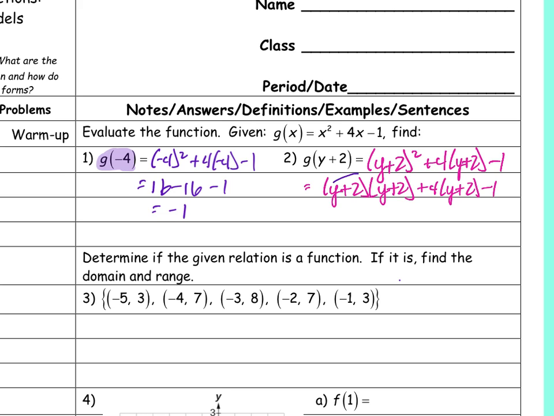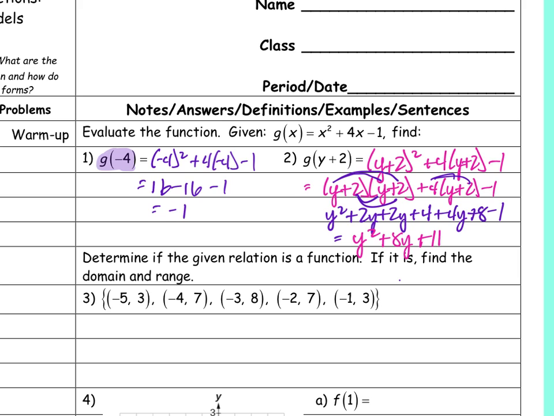So if I distribute this, I get y times y, which is y squared, y times 2, which is 2y, 2 times y, which is 2y, and 2 times 2, which is 4, and then distribute the 4, and I get 4y plus 8 minus 1, and that gives me y squared plus 8y plus 11.